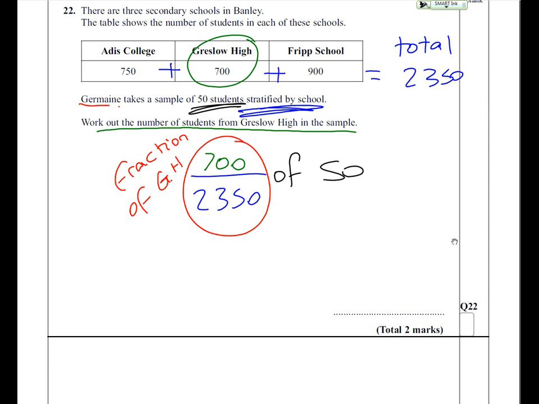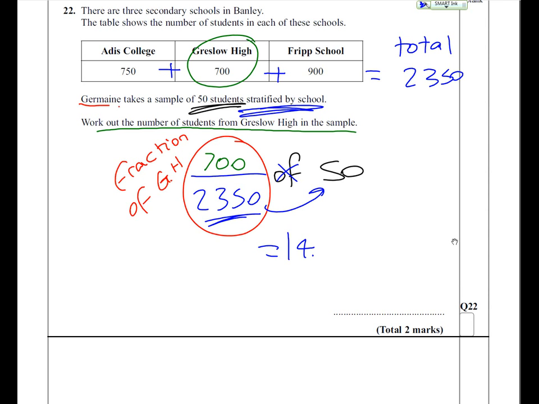So it's the same fraction. Now when you're saying of, you can multiply on your calculator. So if you do 700 over 2,350 times it by 50, and that will give you this fraction of 50, which is quite cool.